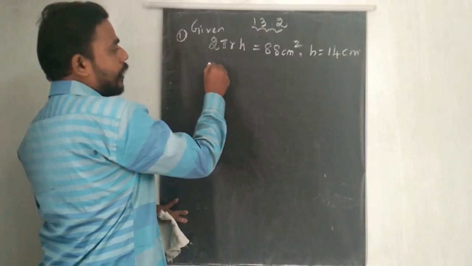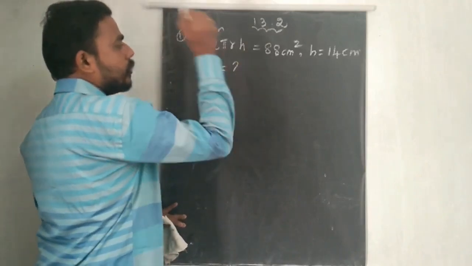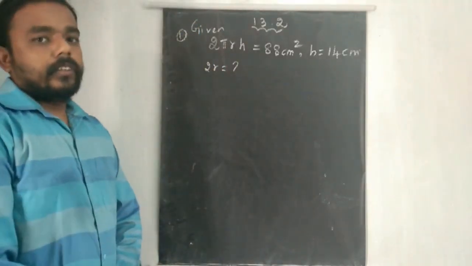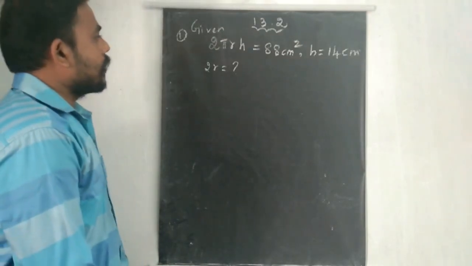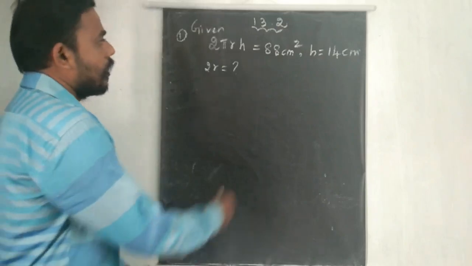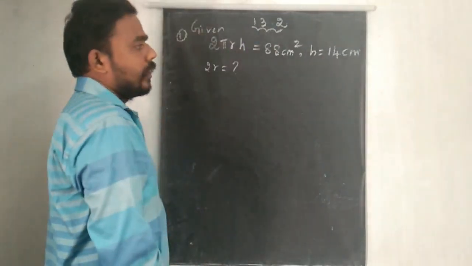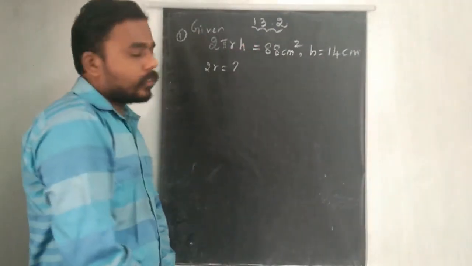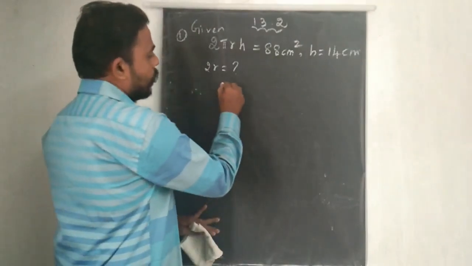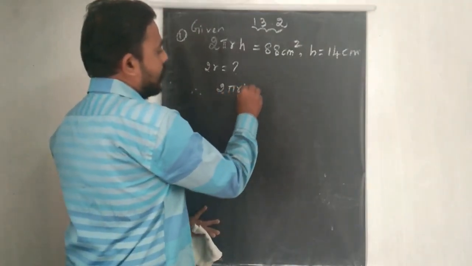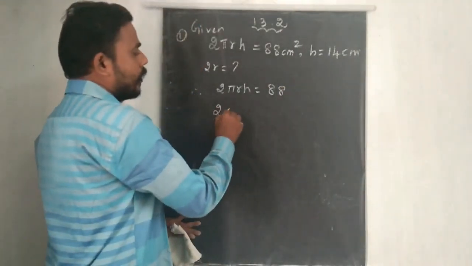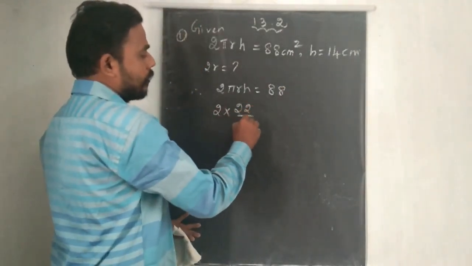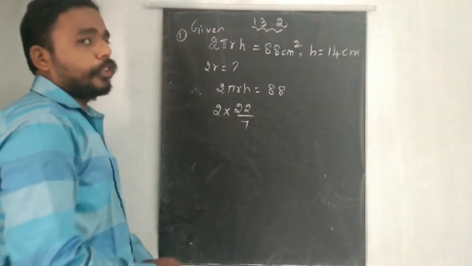So we need to find 2r equal to what? So 2 times the radius is the diameter. For that we need to find the r value, but here the h value is given. Therefore 2 pi r into h equal to 88 centimeter square means 2 into 22 divided by 7, because we consider the pi value 22 divided by 7.